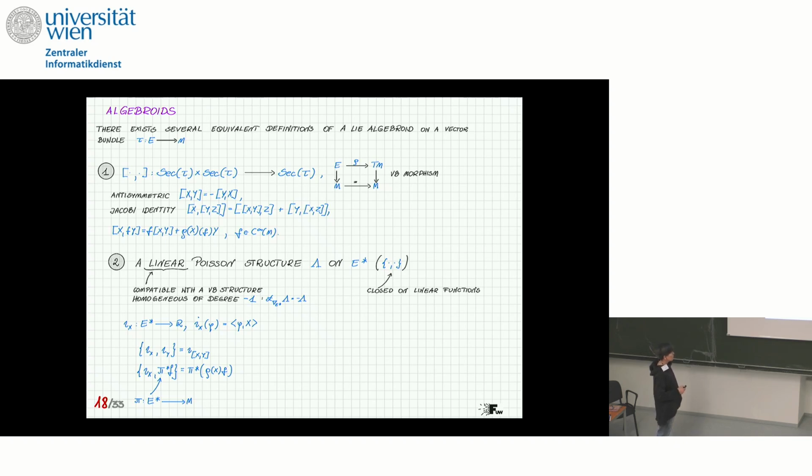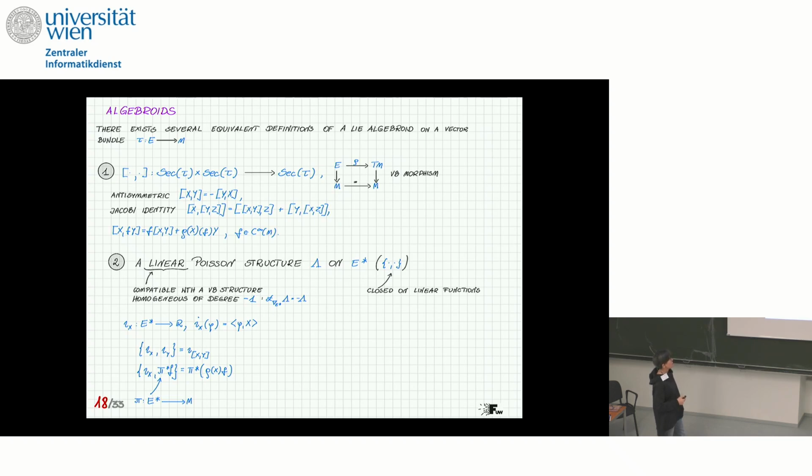Linearity also can be expressed as just compatibility with the vector bundle structure of E star over M. And since we decided to talk about vector bundles as equipped with a homogeneity structure coming from multiplication of vectors by reals, we can also express linearity in this way.